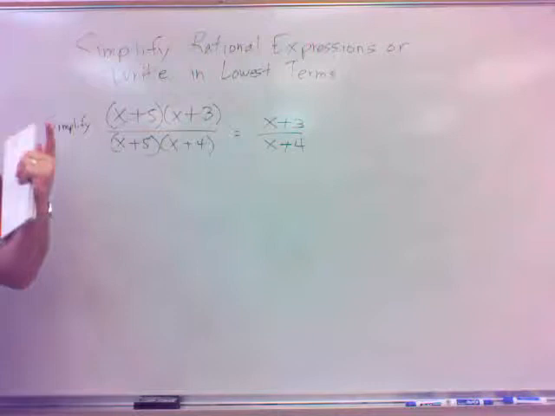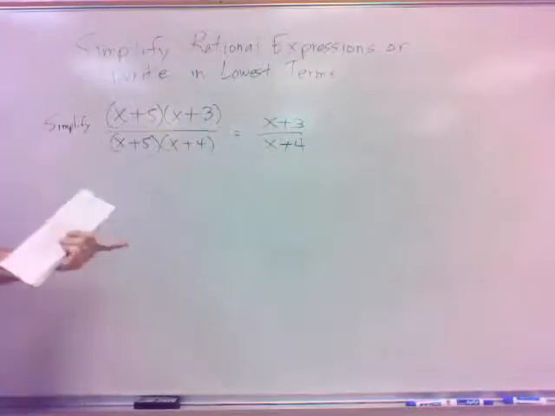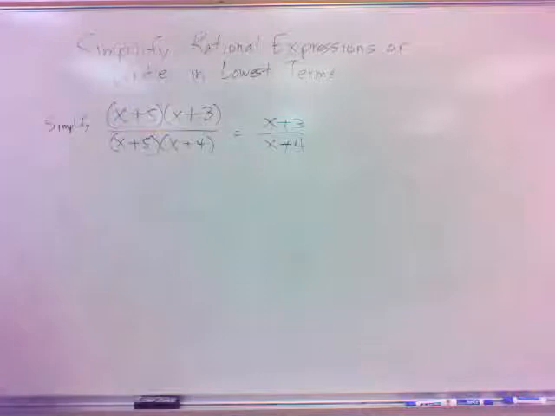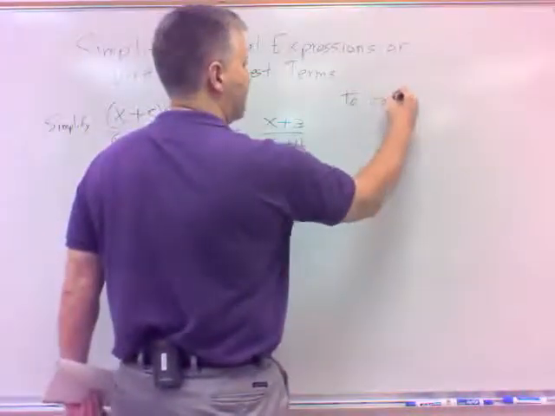The thing I like to point out is if you're going to cancel a binomial or something higher, like a trinomial, it has to be an exact match. To cancel a binomial, you have to have an exact match.